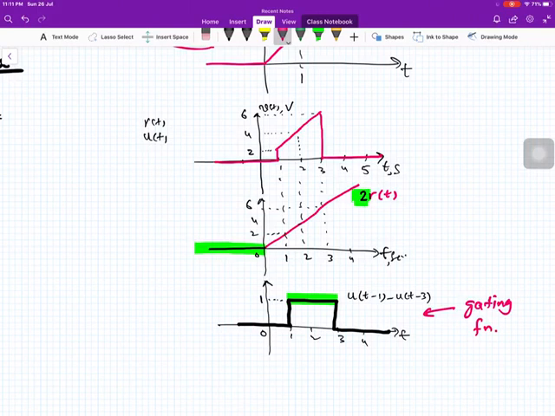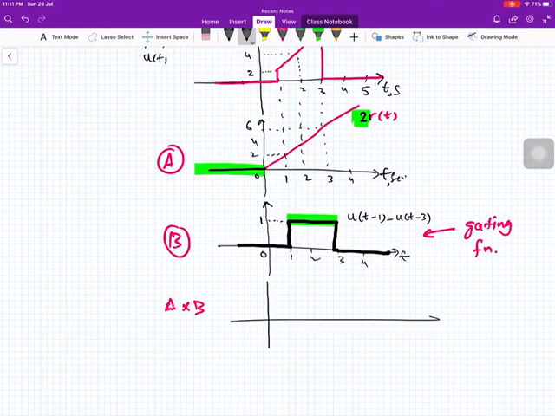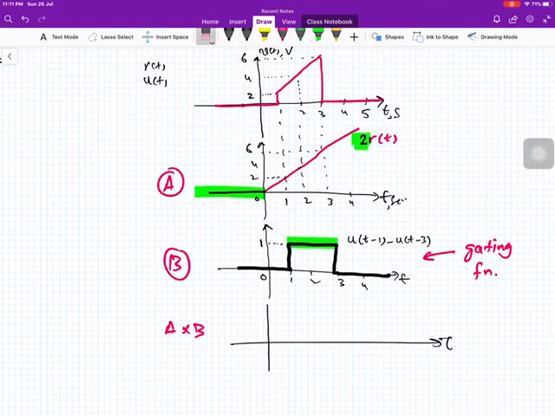if we consider it A and we consider it B and we multiply A and B, what will we be getting? So look at A. From minus infinity to 0, A is 0, B is also 0, therefore A multiplied by B is 0.